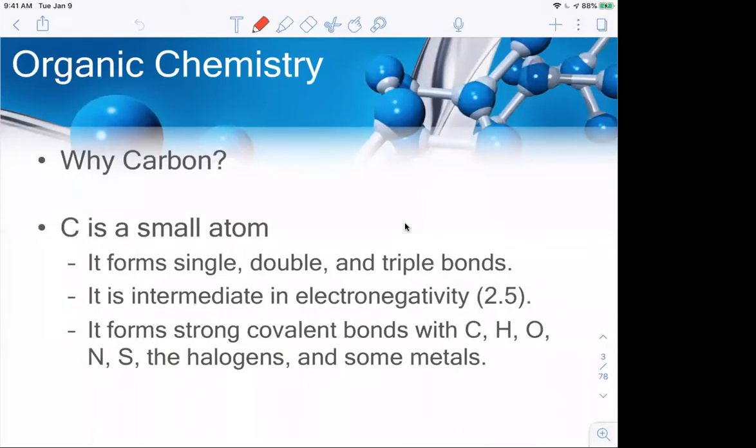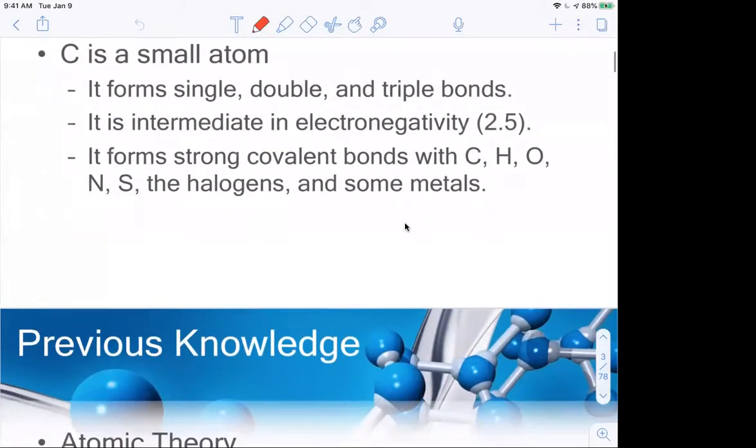It forms strong covalent bonds with itself, with carbon, with hydrogen, with oxygen, nitrogen, sulfur, the halogens, and some metals. So the sheer diversity of bonding that carbon allows is one reason why this is such an important atom and element in nature and in organic chemistry.